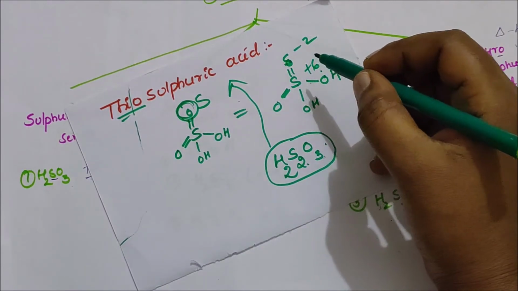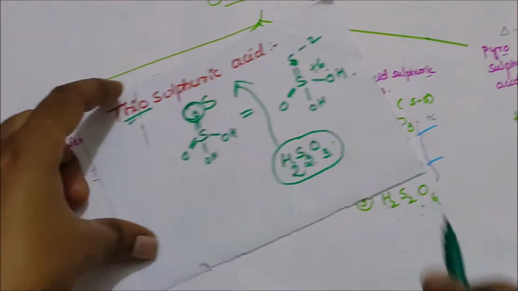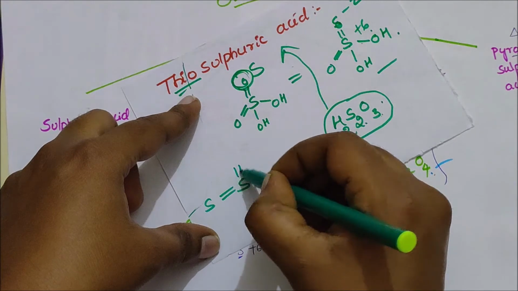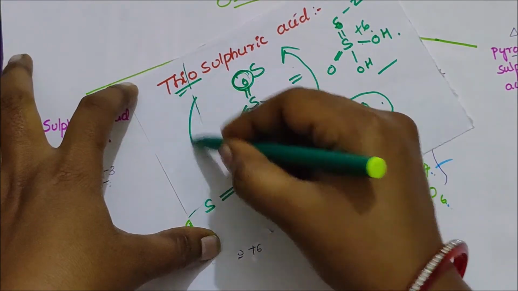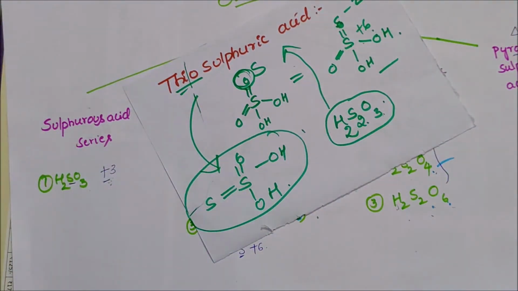The free acid does not exist, but it also exists in this form, and the structure is like this, with a double bond and OH. This is the structure of thiosulfuric acid.